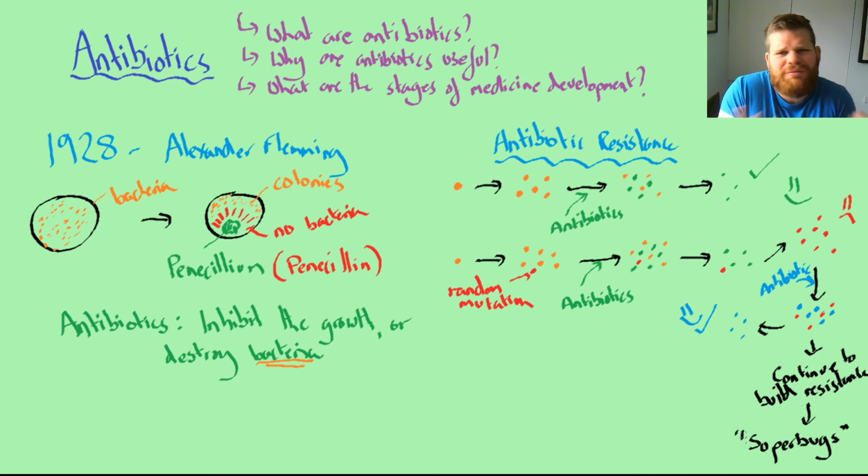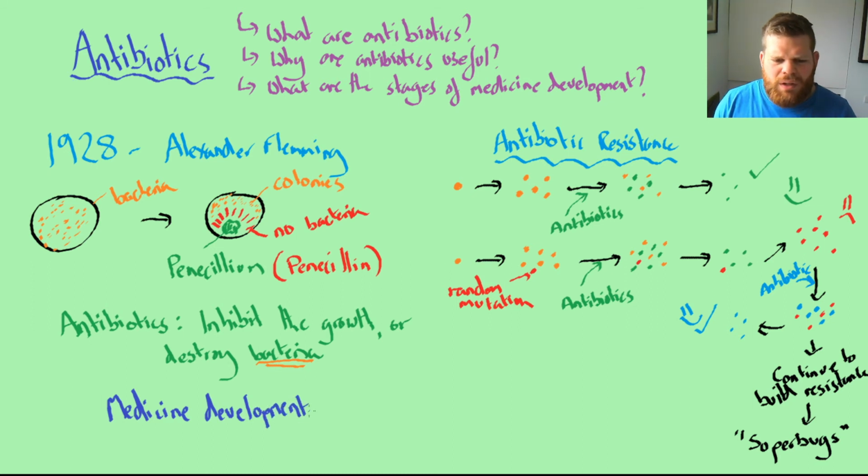So, where does drug development fit into all of this? Last but by no means least in this video, let's talk about medicine development. Medicine development has a number of different stages. The first stage is known as the preclinical.